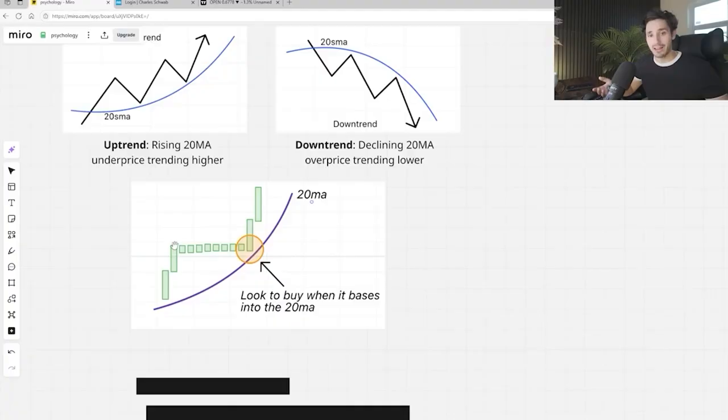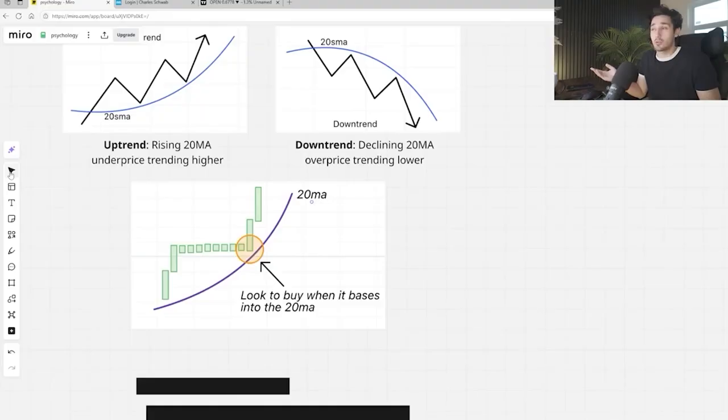Prices need to correct in the form of a consolidation, and that's when we rest, we correct into that rising 20 period moving average that is under price, trending higher. And we want to be timing our entry with the consolidation, with the base breakout, when prices are close to or near the 20 MA. And this is exactly where we want to be timing our entry right here. All right. So easy enough.